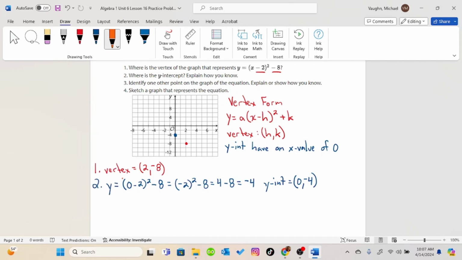Number 3, identify one other point on the graph of the equation. Explain or show how you know.